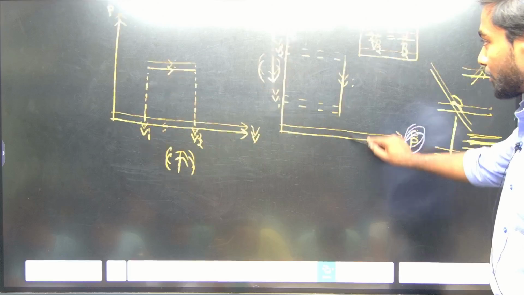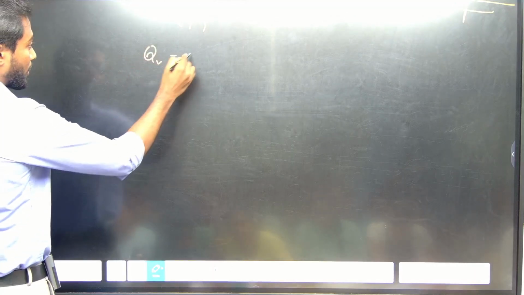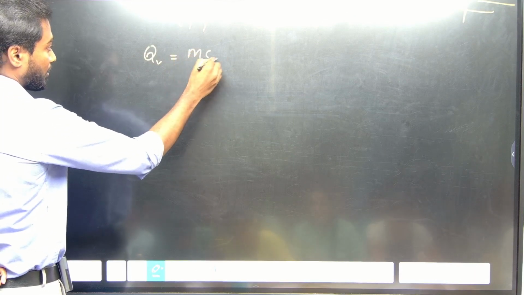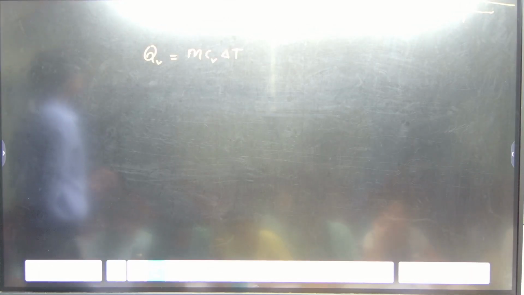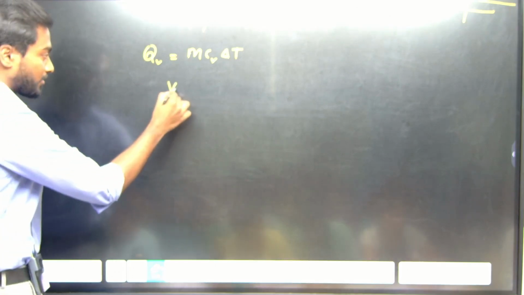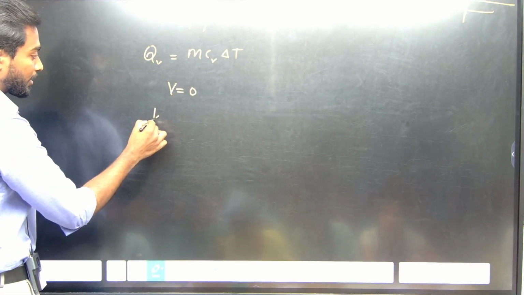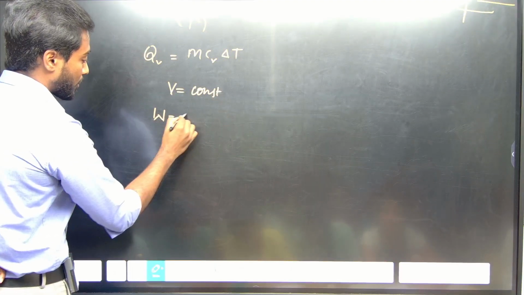Whatever we have talked about, we will talk similarly here. The first one, what is the formula? QV is equal to m Cv delta T. Okay, fine. The next one, what have we talked about? Work done. Since V is constant, work done W will be equal to 0.